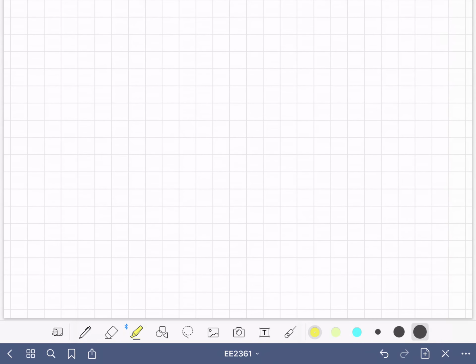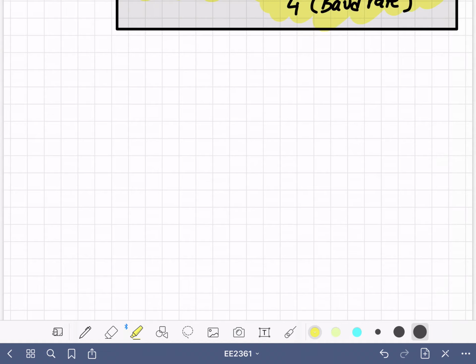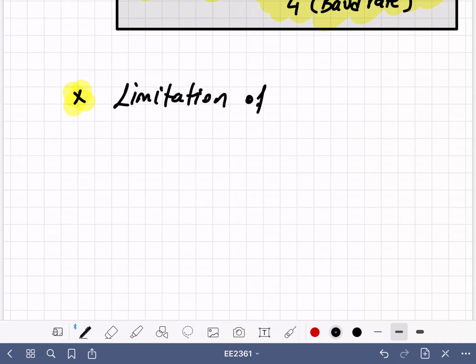So let's talk about a few limitations of UART. And then we will end our discussion here. Limitations of UART.